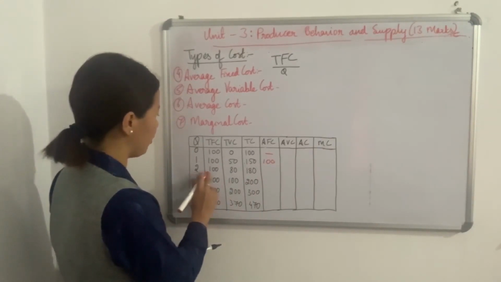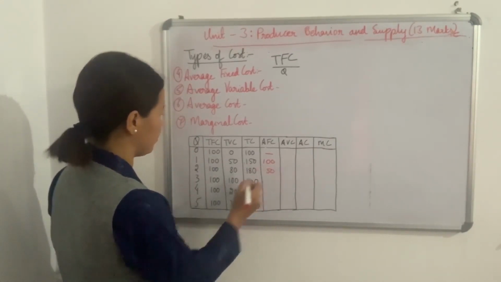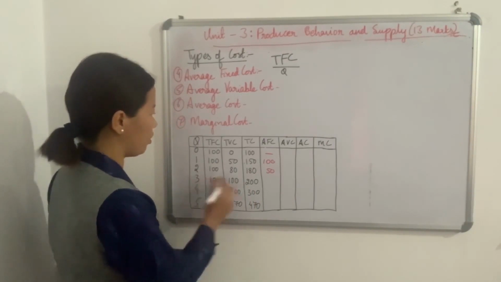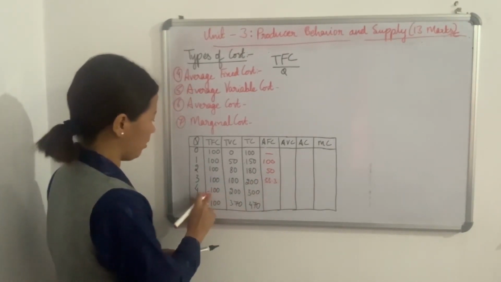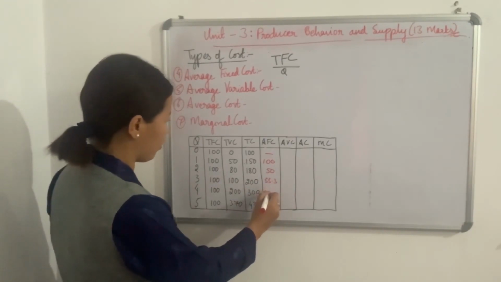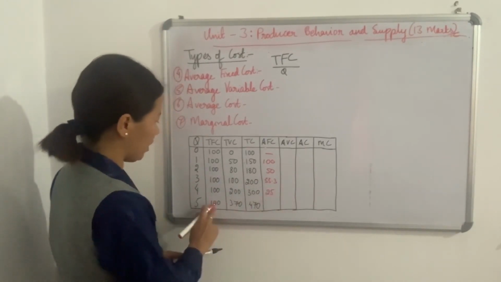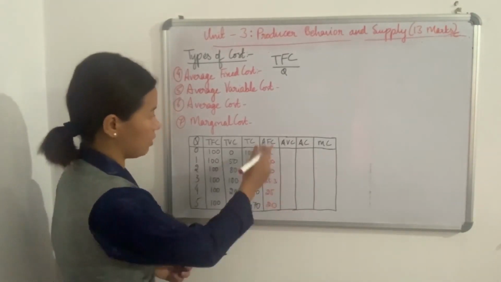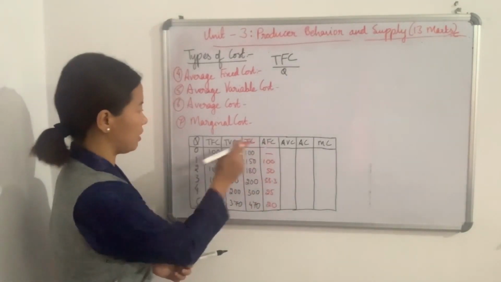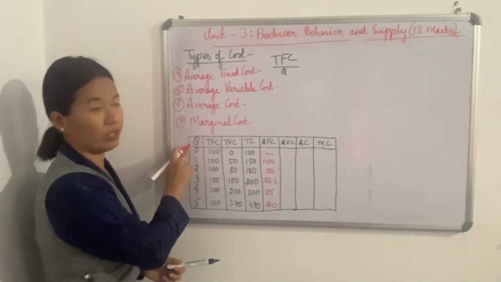At 2 units of output, 50, 100 upon 3, 33.3, 100 upon 4, and 100 upon 5. This is the average fixed cost, that is TFC upon quantity.